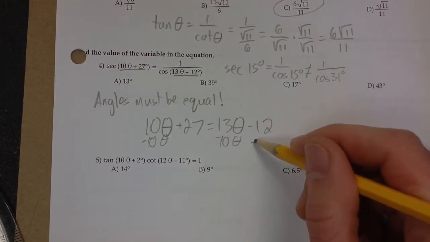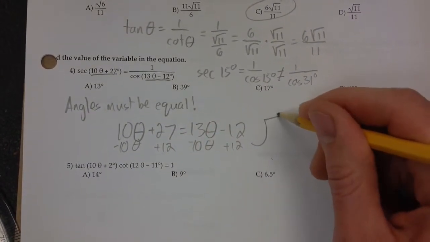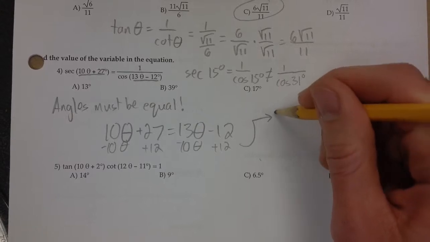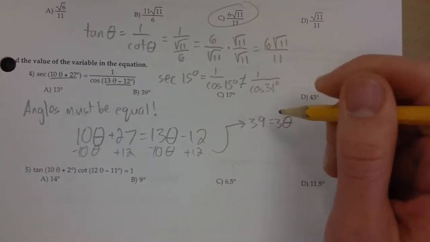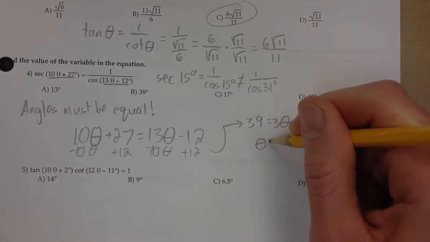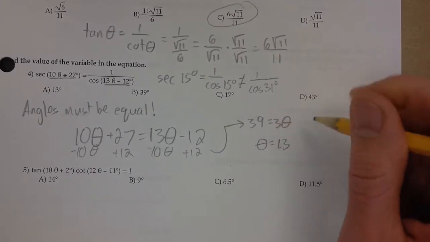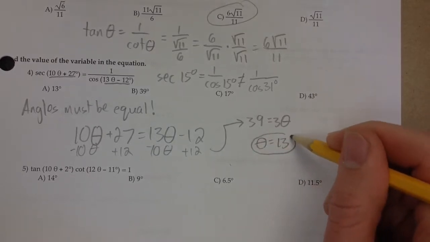And then you can add 12 to both sides. And that gets you 39 equals 3 theta. Divide both sides by 3, and you get theta equals 13. And that's what they're asking for, the variable. That's it.